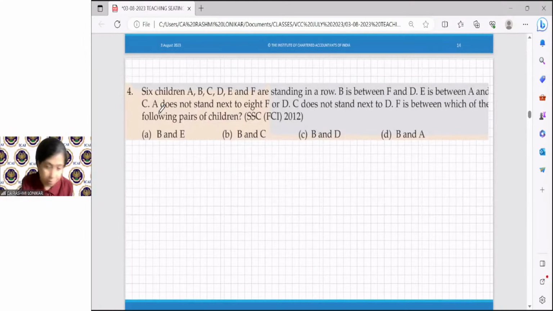Fourth sum. 6 children A, B, C, D, E, F are standing in a row.